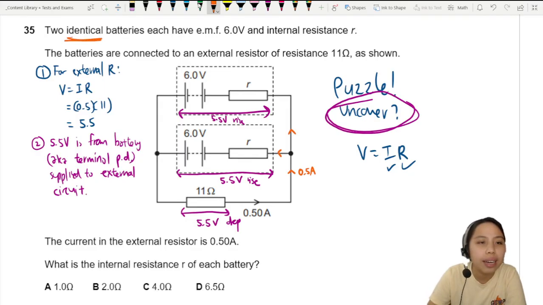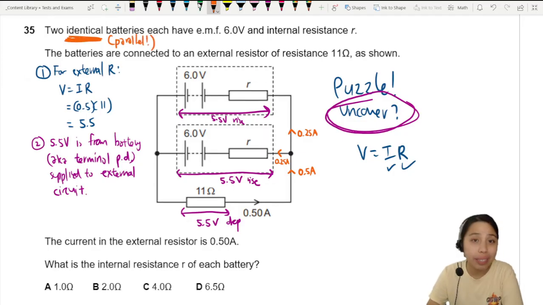That means here you're going to have half, 0.25, and here you're going to have half, 0.25. This applies for identical batteries in parallel. Their current will split. Okay, good.